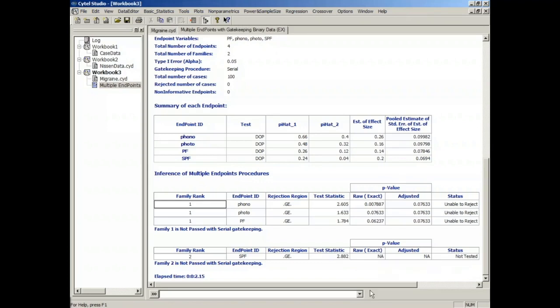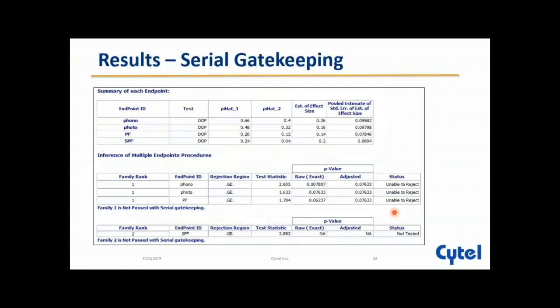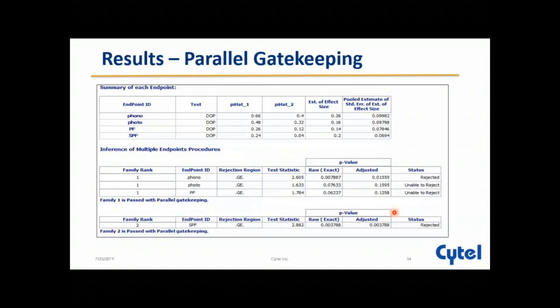So I have already executed this and I'll show you the outputs here. Same thing, serial gatekeeping we just now saw. For parallel gatekeeping, again the summary of endpoints will be the same. Here you can see the raw p-value is also the same as we have seen in serial gatekeeping, but the adjustment is different.